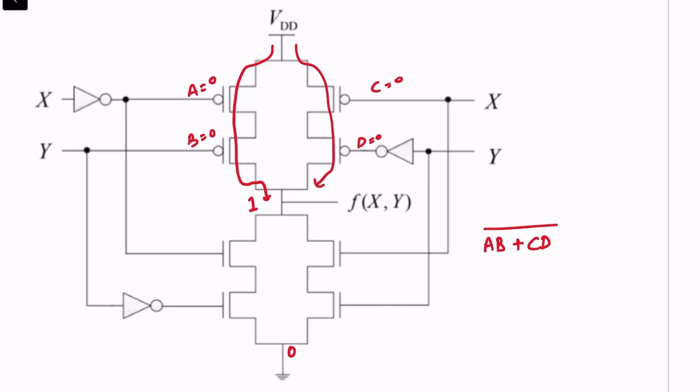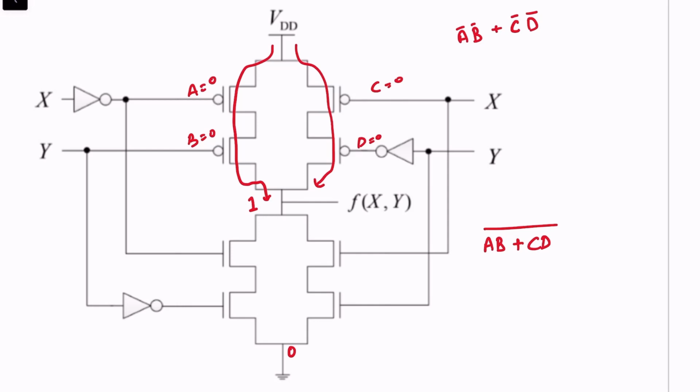So the rule for the P stack is A bar and B bar makes output equal to 1, or C bar and D bar makes the output go to 1, right?